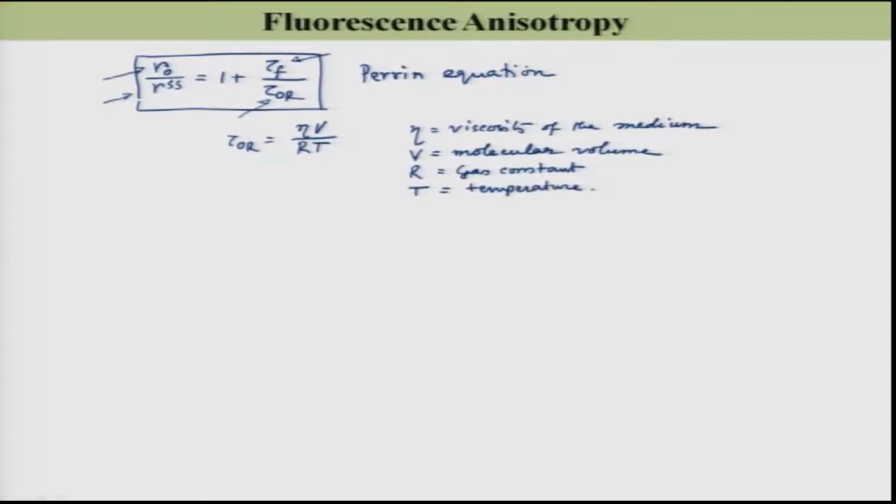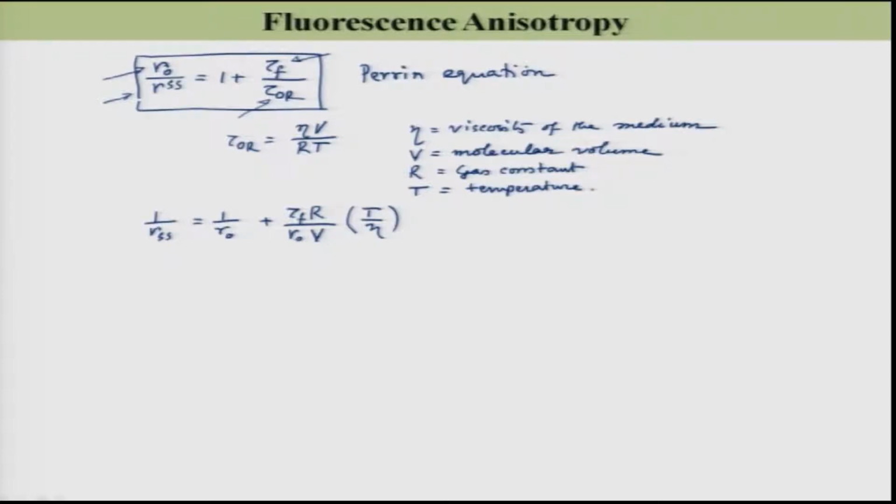Now, if I plug this expression for tau r into the Perrin equation, we are going to see the following: 1 over Rss equal to 1 over R0 plus tau f into R divided by R0 into V, into temperature by viscosity.